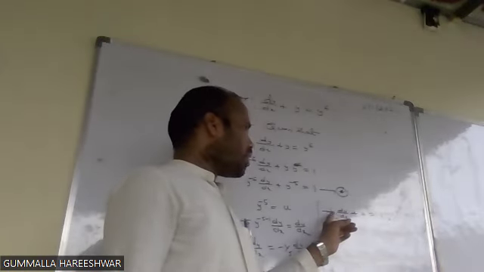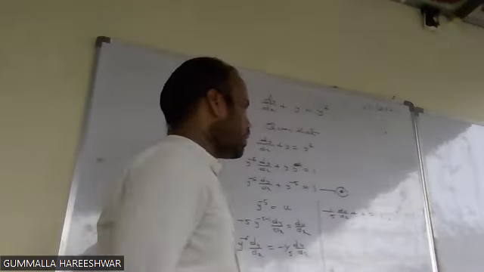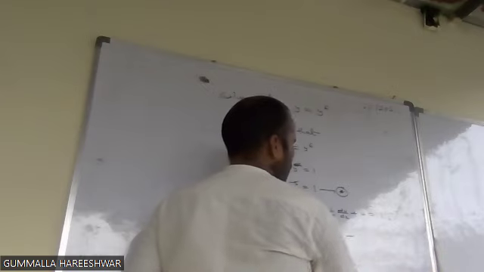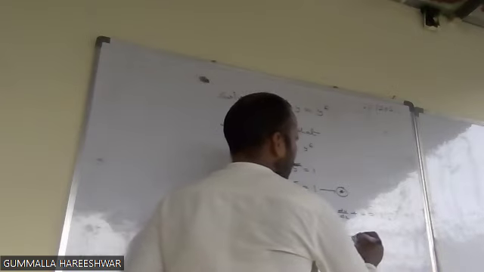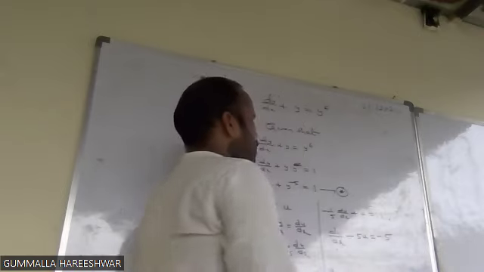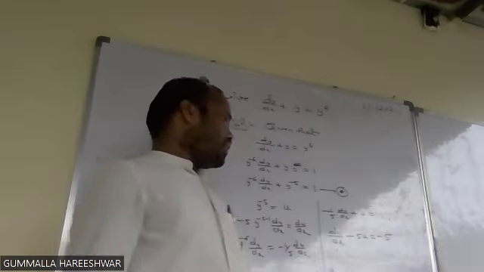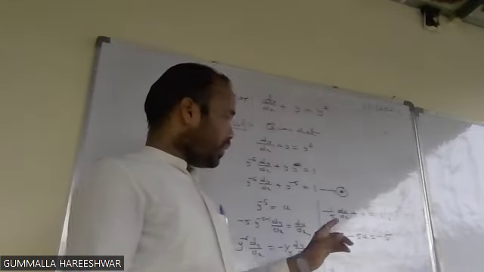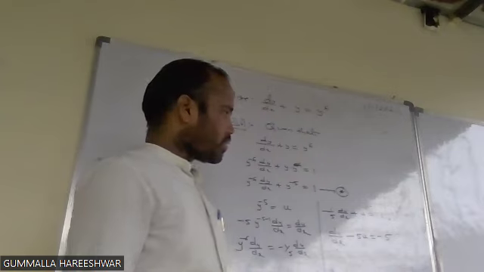To remove that, I multiply with minus 5. We get du by dx minus 5u equals minus 5. Now this equation is in the form of a linear equation in u with respect to x.